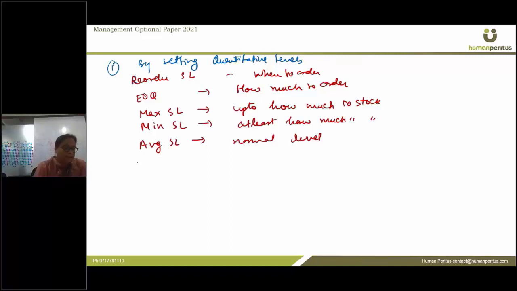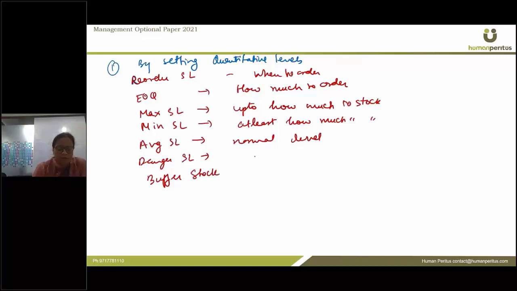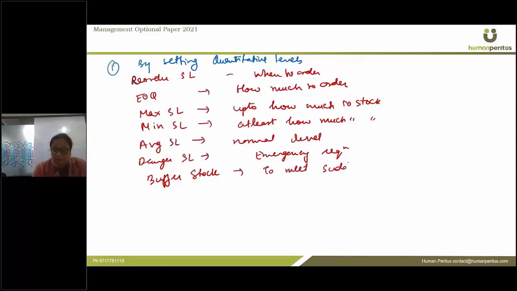Then there are two more terms: danger stock level and buffer stock. Danger stock level is when stock is kept for emergency requirements, and buffer stock is to meet any sudden demand. This is enough to be mentioned under the first part.